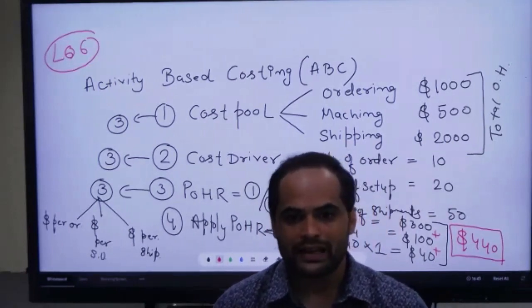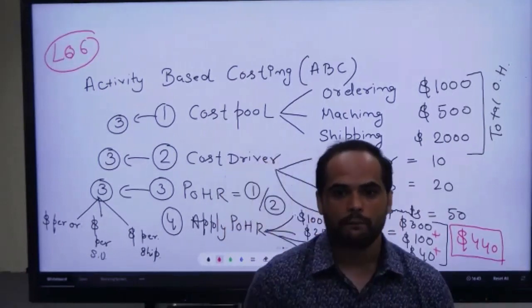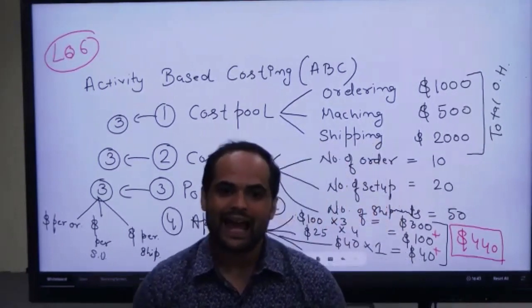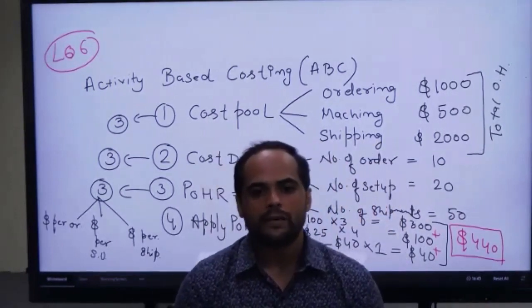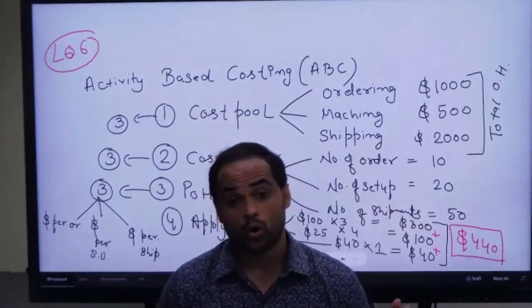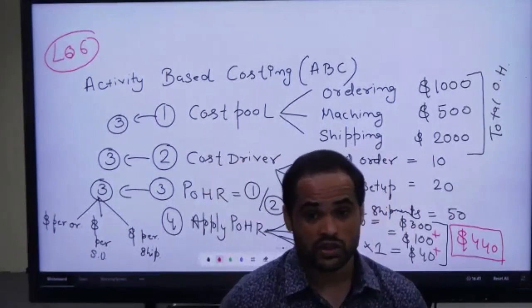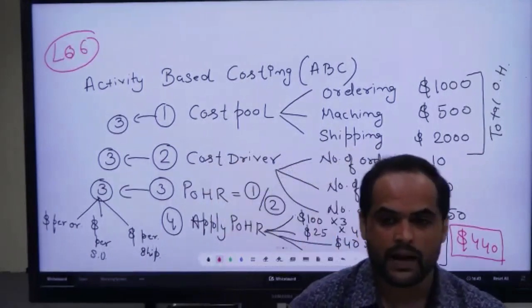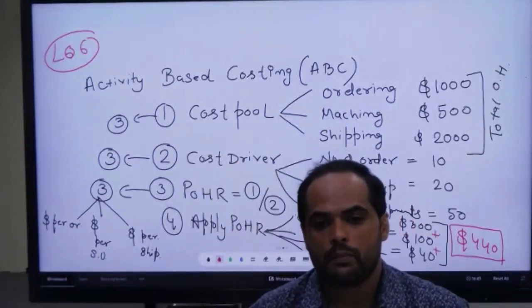So mainly large products and large companies apply activity-based costing. Small or medium companies apply traditional costing. Of course, not all small and medium companies, it depends, but the majority of small companies apply traditional costing. Why?